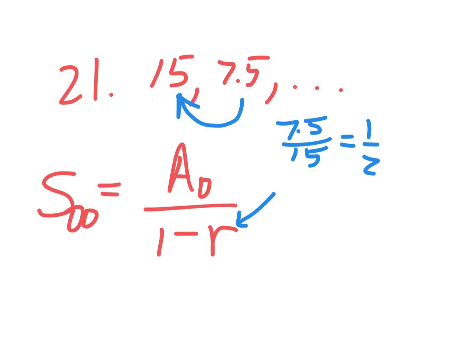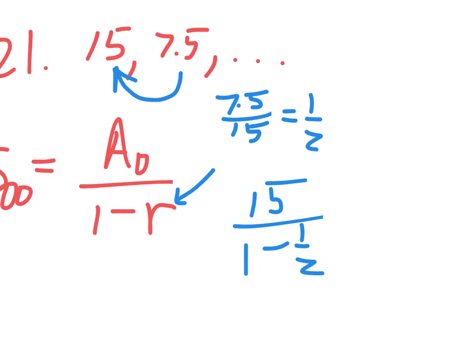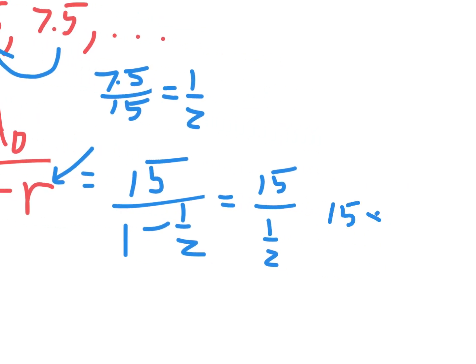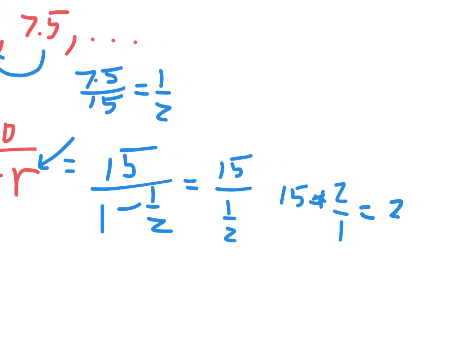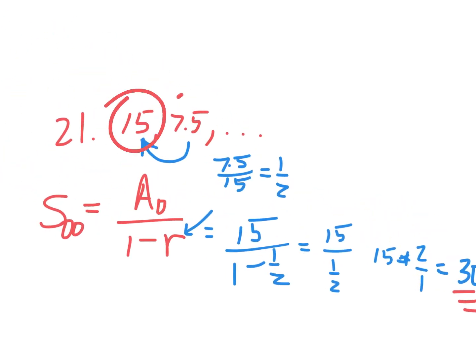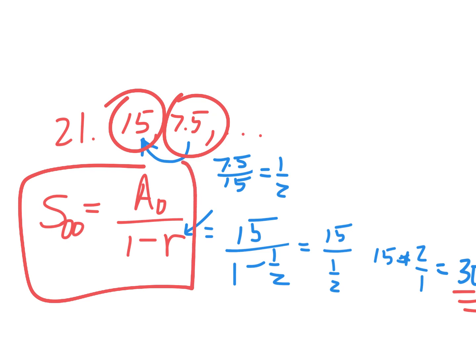So then, in my case, I'd go a0 is 15 over 1 minus 1/2. And you simplify that down, and in my case, that's 15 divided by 1/2, and instead of divide by 1/2, I can times by 2. And so my answer would be 30. And that makes sense. I was 30 feet from the door, and if you add those all up, you get 30. Okay, so you use this formula for number 21.